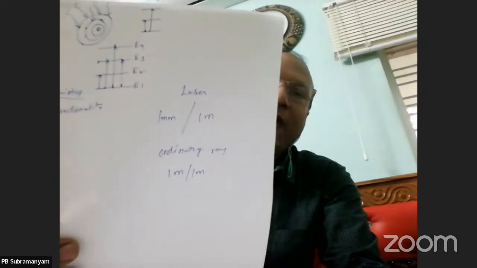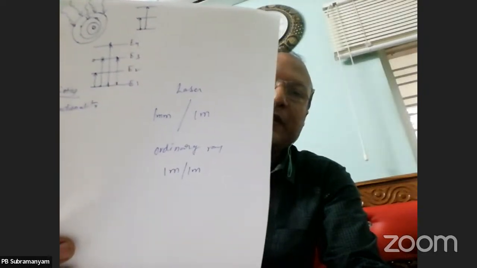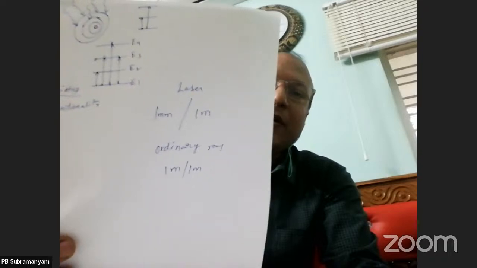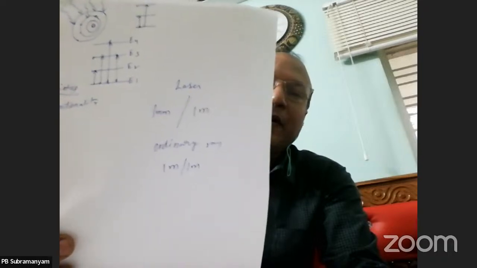Lasers will have 1 mm deviation per 1 meter, whereas the ordinary rays will have 1 meter deviation. That means the light goes in all directions in ordinary light, whereas lasers will go in one particular direction because of the highly intensified beam. So that's about the laser characteristics.